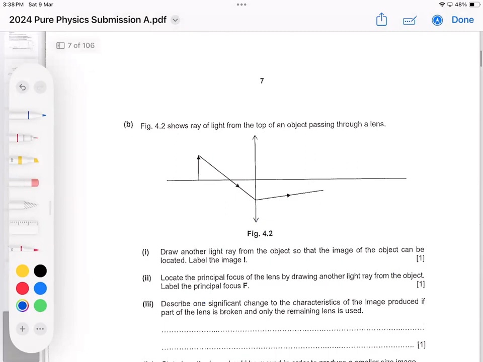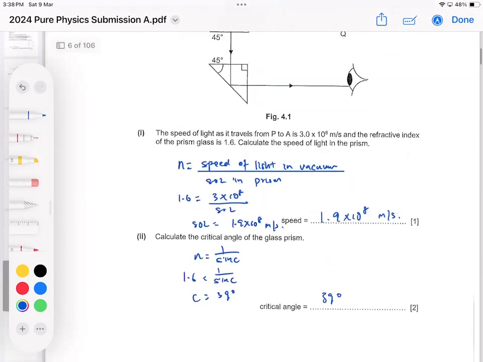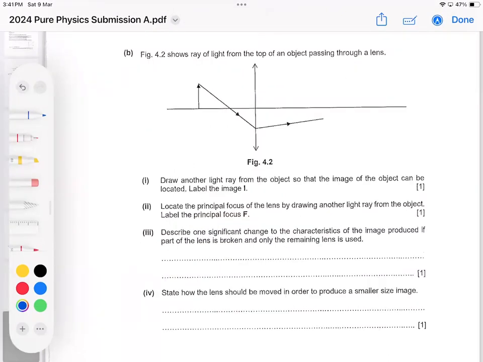Can we try to complete the diagram for B part 1? I'll read this first. For the image, I'll use blue. This line itself, that passes through the center of the lens, will give us the position where the image is.